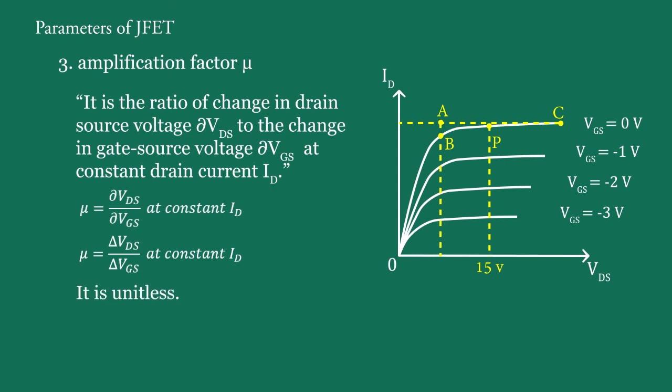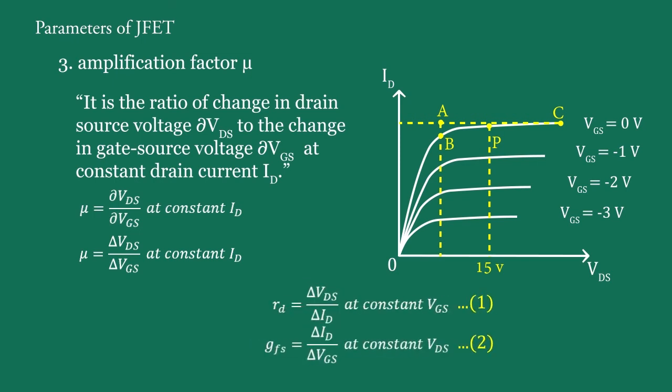It is a unitless quantity. It can be shown from equation 1 and 2 that amplification factor mu is related to AC drain resistance RD and transconductance GFS.